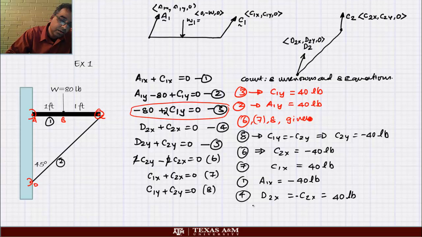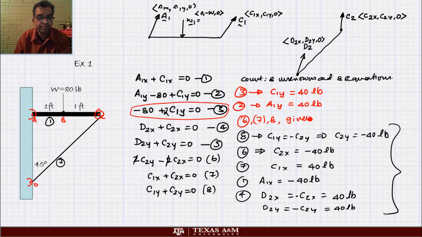And then you can get D2y equal to minus C2y, which turns out to be 40 pounds. We got all of them. So you have to look around and solve all of them. That's how we solve it. Please remember that if you do it in a systematic way, it's possible for you to solve everything. Thank you very much.